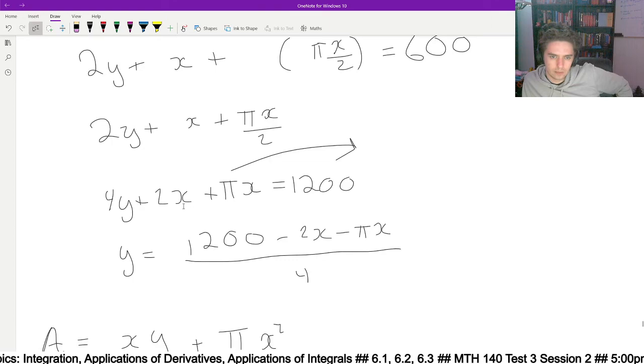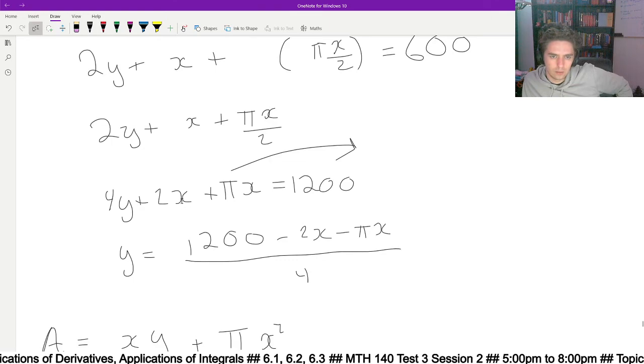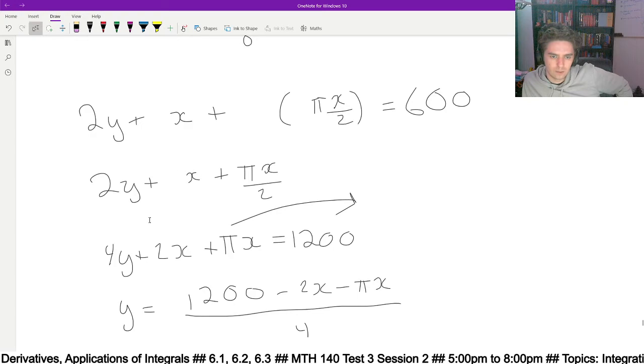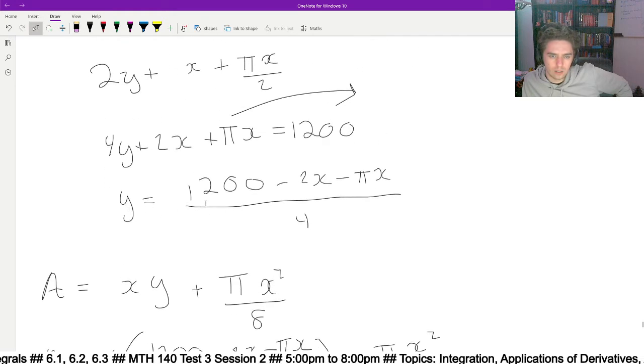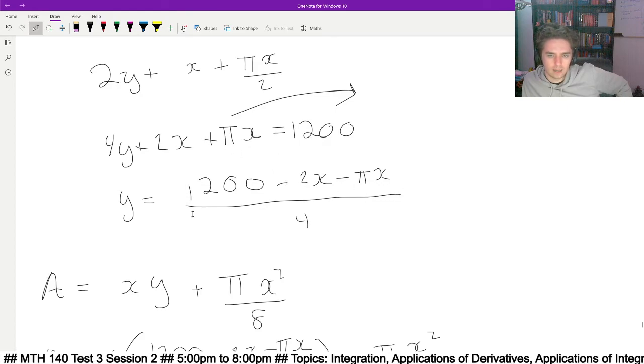4 times. So multiply by 2, 1,200. y equals 1,200 minus 2x minus pi x over 4.